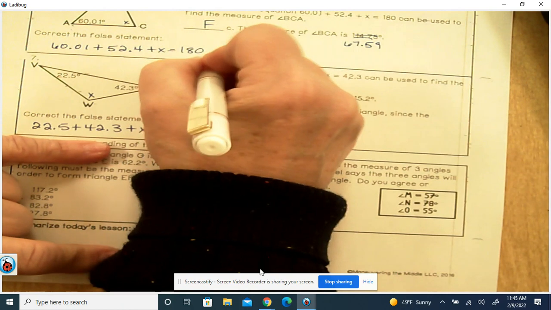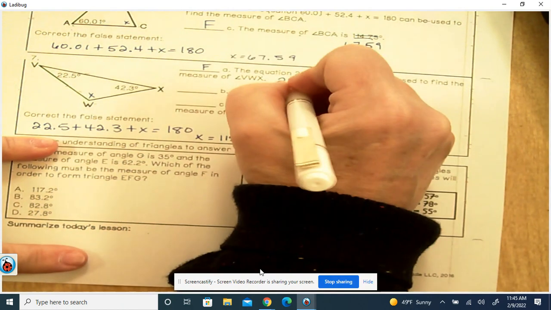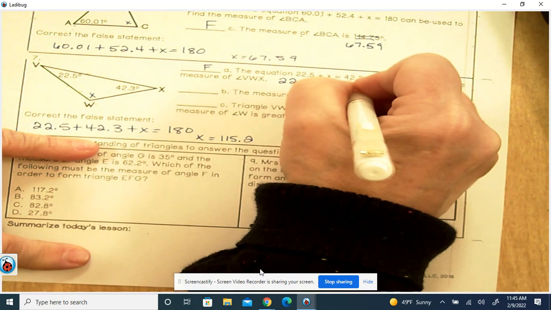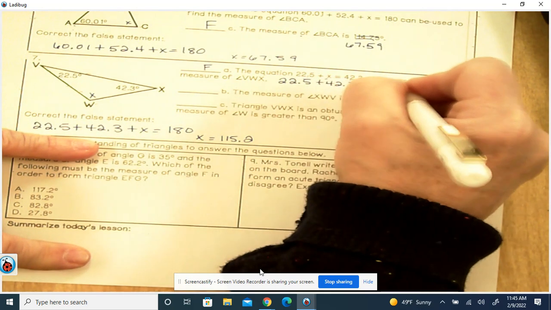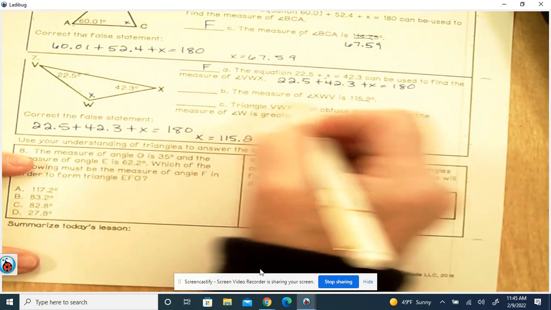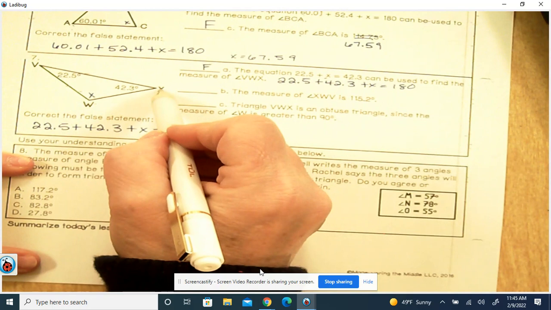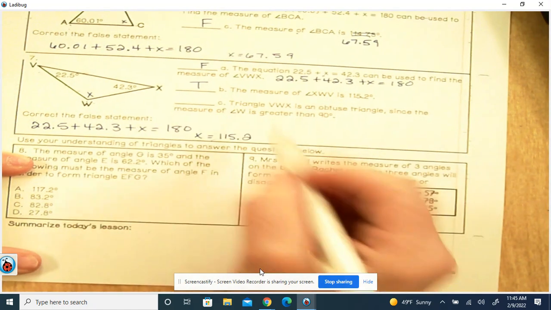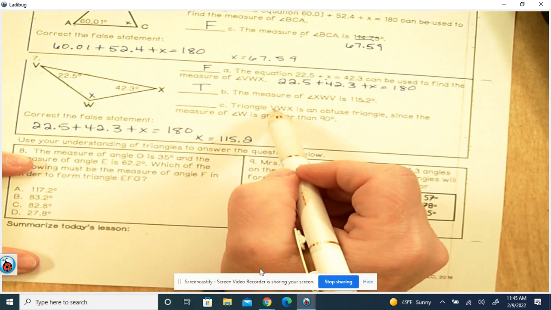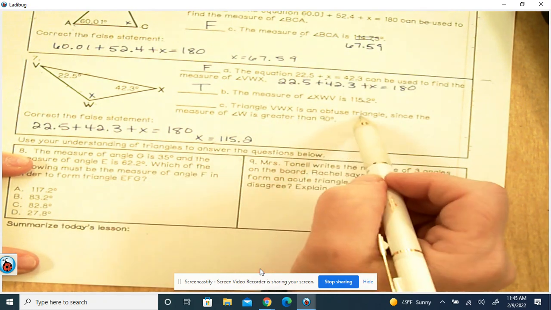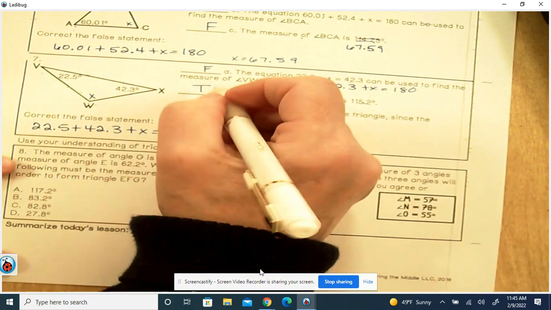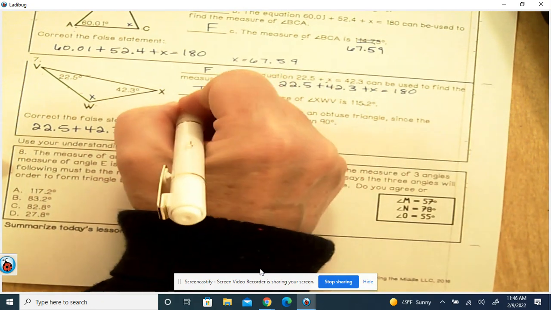That is false. The equation is 22.5 plus 42.3 plus x equals 180. The measure of angle XWB is 115.2. That is true. Triangle VWX is an obtuse triangle. That is true because it's more than 90.